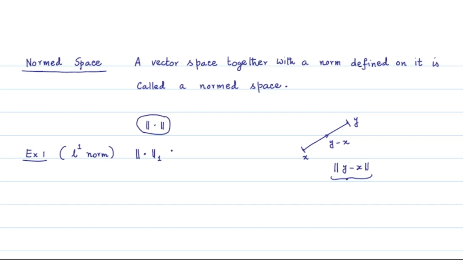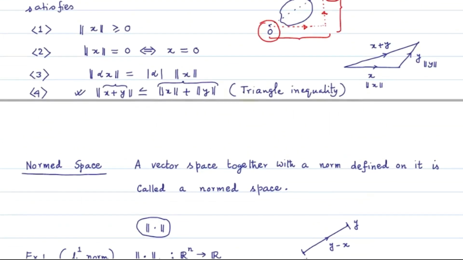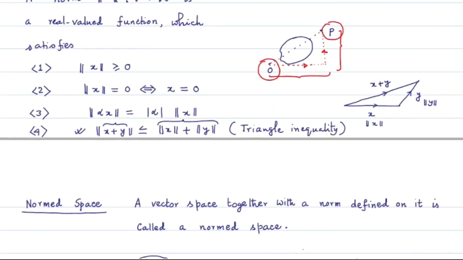Norm 1 in the n-dimensional Euclidean space is defined by norm of x1, where x has the coordinates x1, x2 till xn, which is an element in Rn. This norm of x1 is equal to modulus of x1 plus modulus of x2 plus till modulus of xn. You may please verify that this norm satisfies all these four conditions to become a norm.